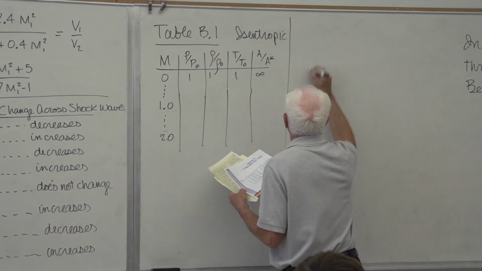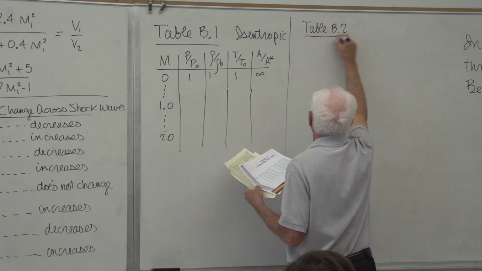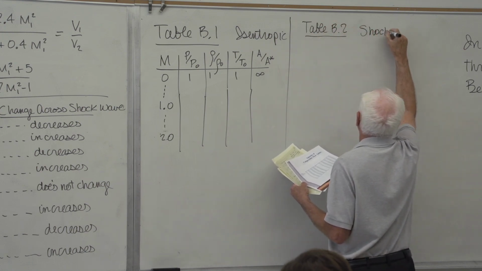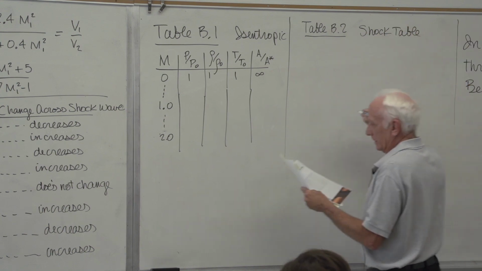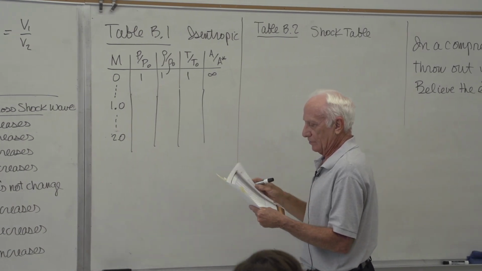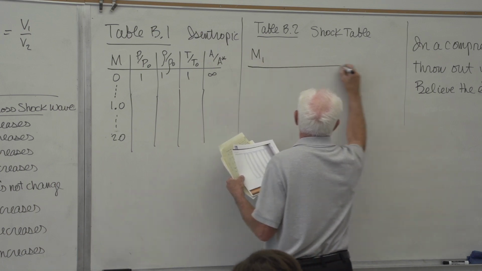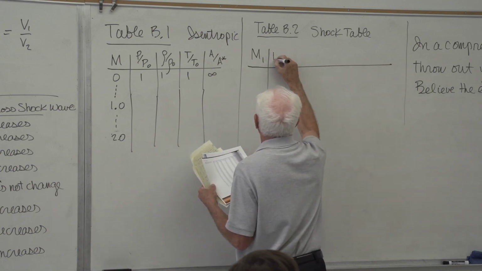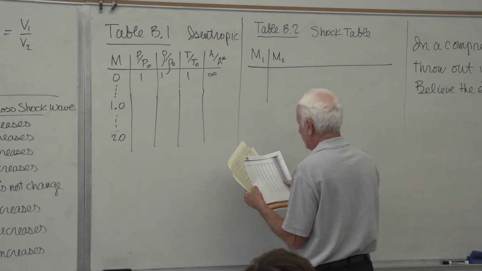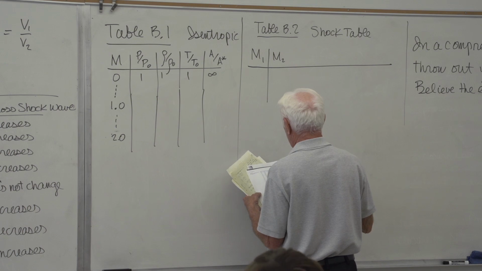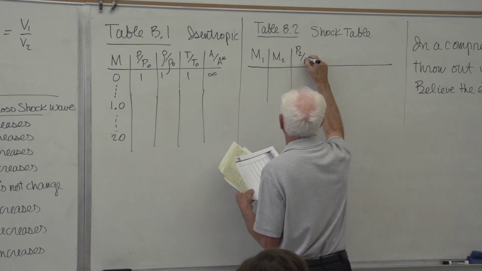Okay, table B2. Shock table. Table B2 in the back of your book. Mach number 1, Mach number 2. P2 over P1.